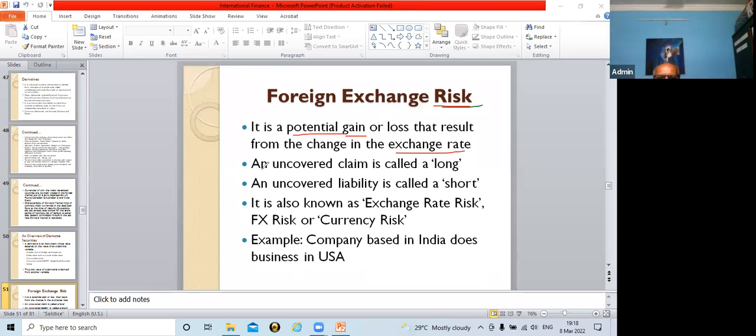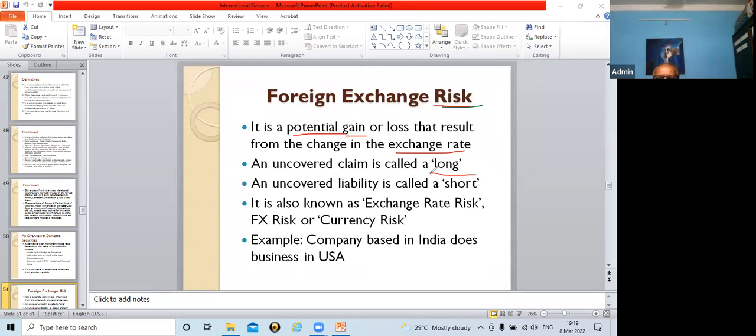Now look at this second line. An uncovered claim is called a long. Long means what? Again you will be asked in the MCQ exam, multiple choice questions. You will be asked that an uncovered claim is called dash dash, and you will be given 4 options.